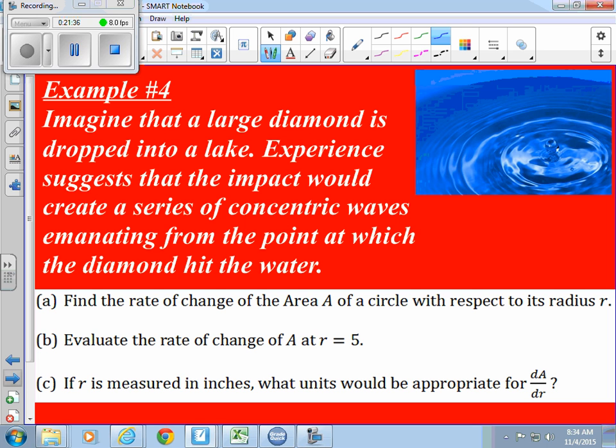Imagine that a large diamond is dropped into a lake. Experience suggests that the impact would create a series of concentric waves emanating from the point at which the diamond hit the water. Find the rate of change of the area of a circle with respect to its radius.